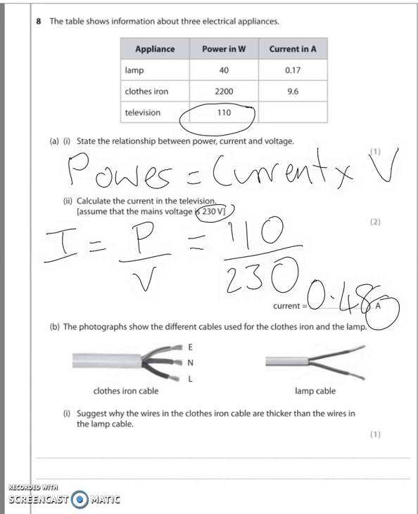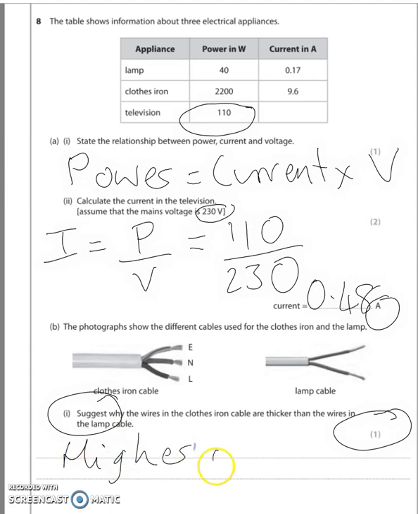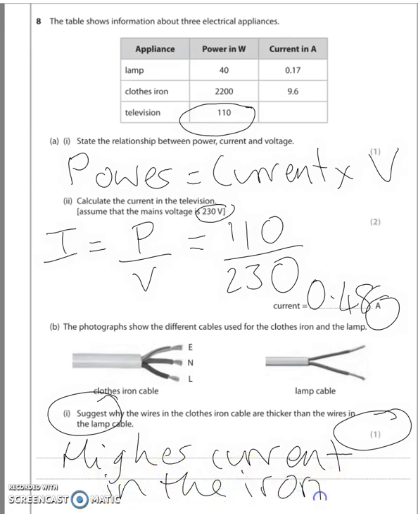The reason for that is that a thicker wire will have a lower resistance, but this is only for 1 mark and it's only a suggest, so we don't need to go into that much detail. If you do, that's fine, but you can get the mark just for saying higher current in the iron's cable.